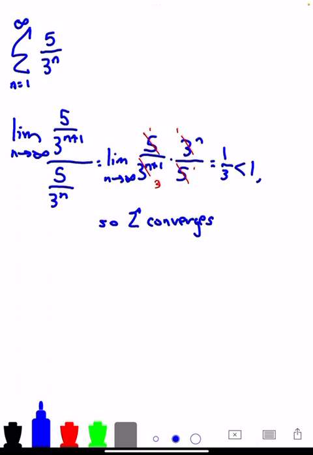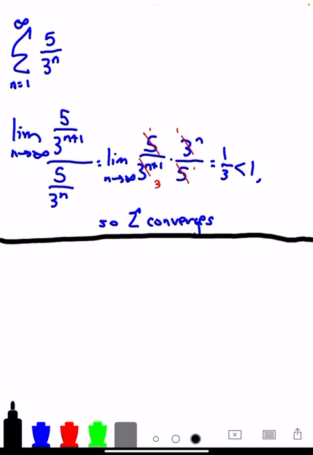Now, another example I want to do is I want us to look at a ratio test that has a factorial involved. Okay, so let's look at this one.